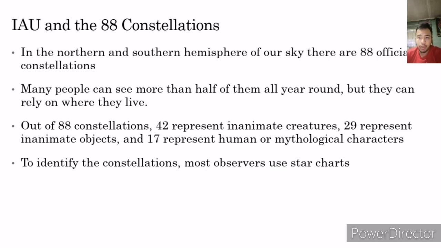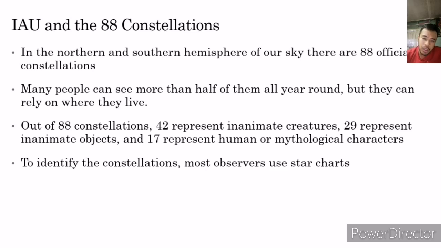Next, out of the 88 constellations, 42 represent animate creatures, 29 represent inanimate objects, and the remaining 70% are human or mythical characters. So why do they represent creatures, mythical characters, or objects?